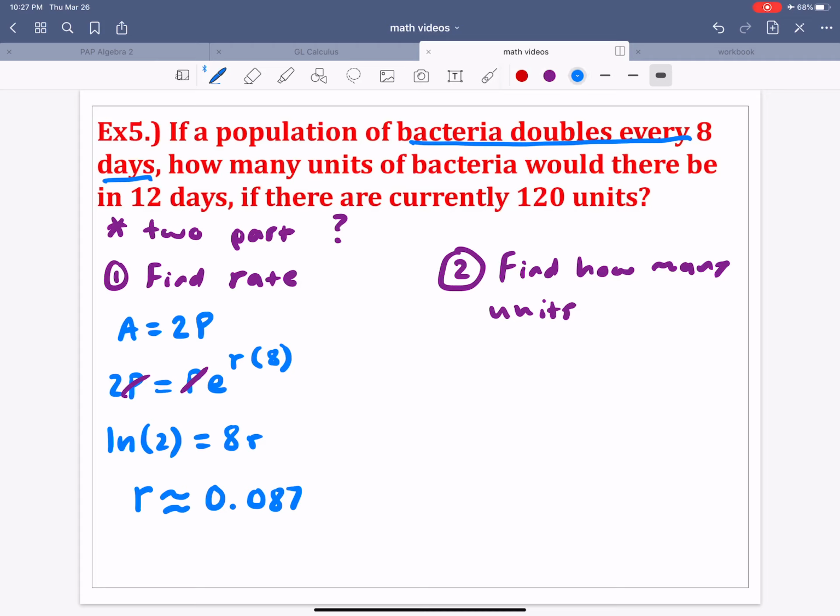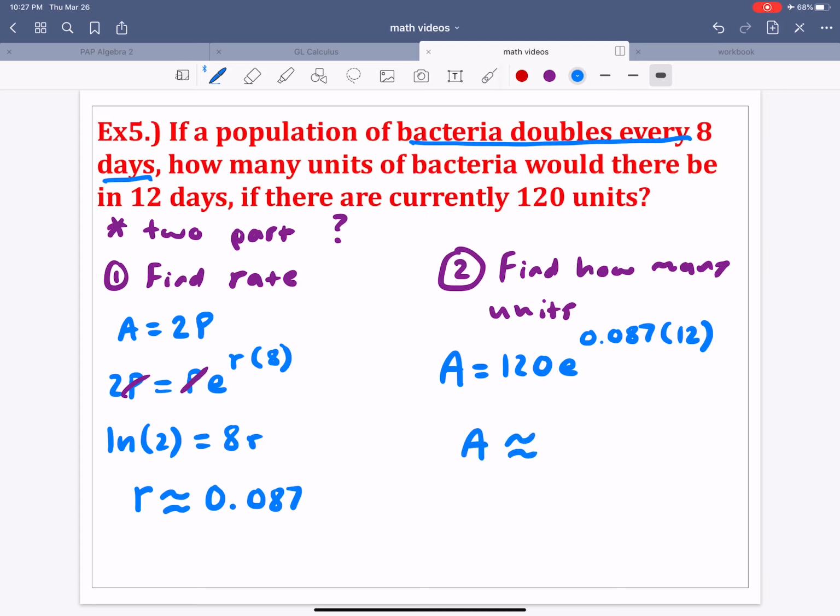So let's build our equation using our rate. We want to know what is the future value of these units of bacteria if today there's 120 units times e. There we go. We use that rate that we found in part 1. That's why part 1 was so important. And it says 12 days is our unit of time. So this is really easy.